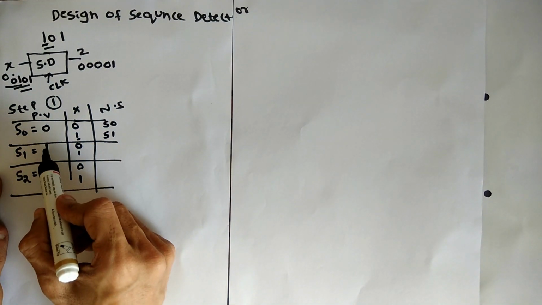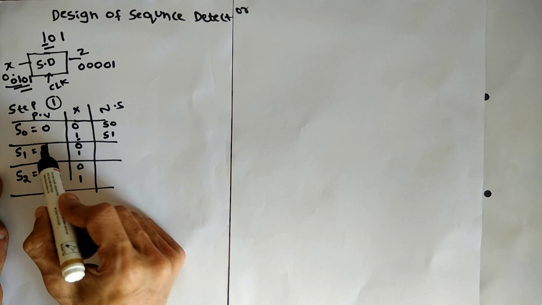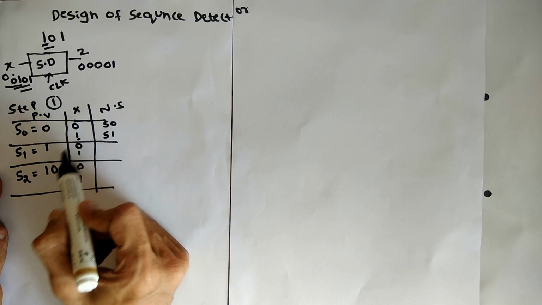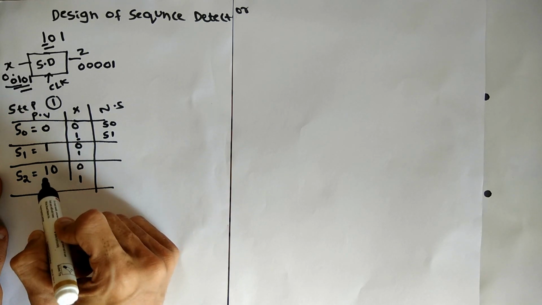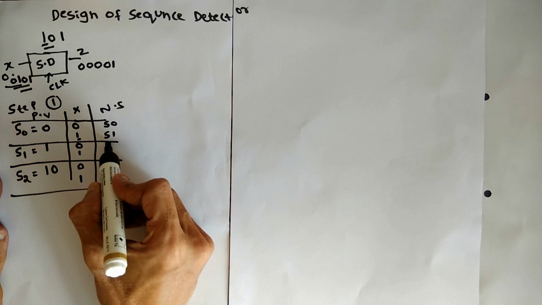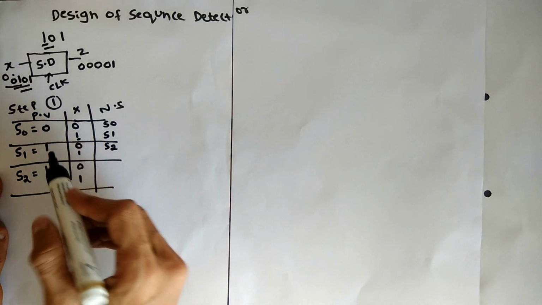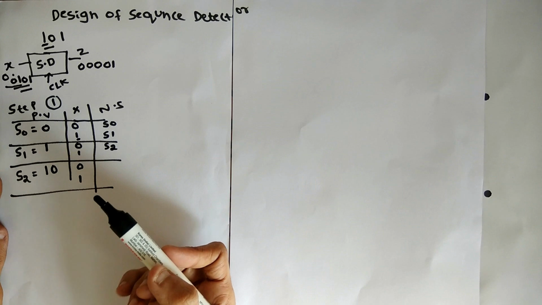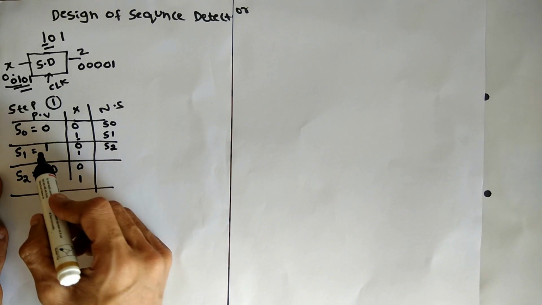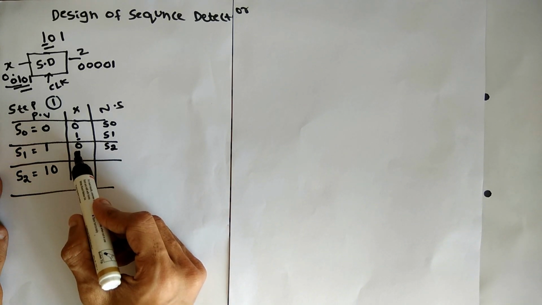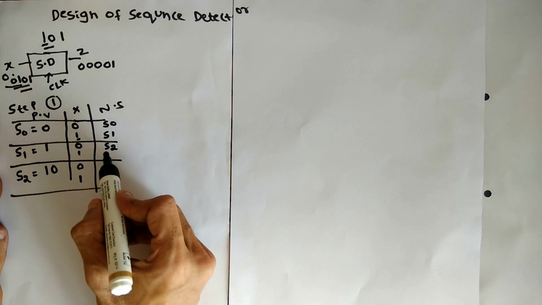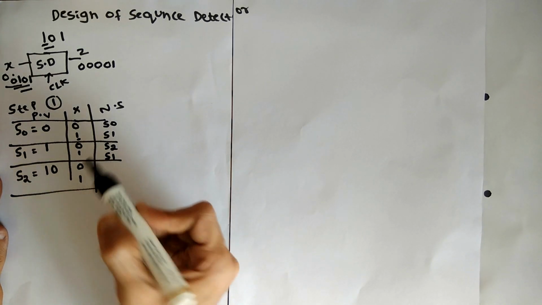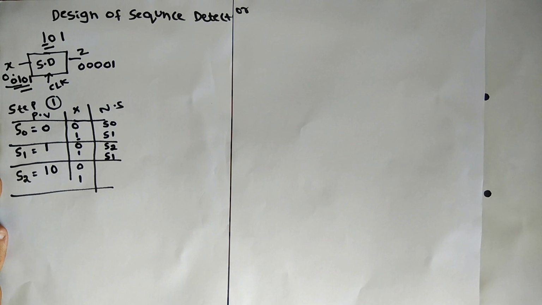Similarly, for S1, next is 10. 10 is in the S2 state, so it goes to S2 here. 11 is not in any state, so it leaves the first bit and takes the last bit, only 1. 1 is in S1 state, so it stays in S1.